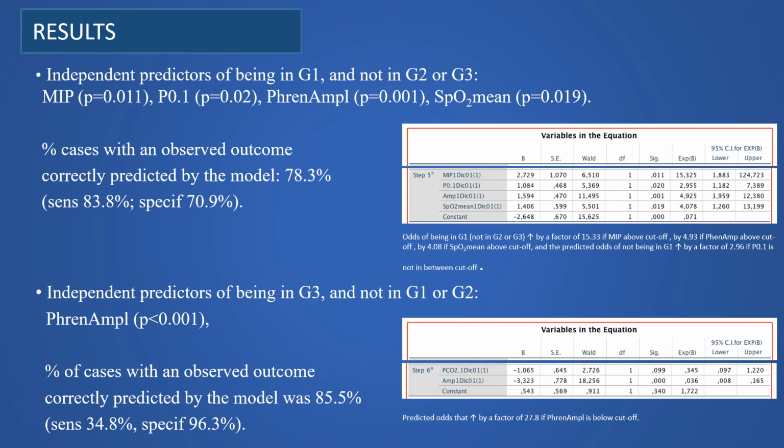The independent predictors of being included in G1 were MIP, P01, the mean amplitude of the CMAP by phrenic nerve stimulation, and the mean oxygen saturation during nocturnal pulse oximetry, and for G3 only the mean amplitude of the CMAP by phrenic nerve stimulation was predictive.